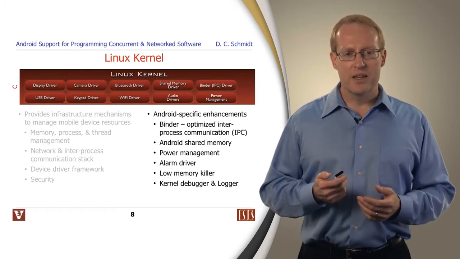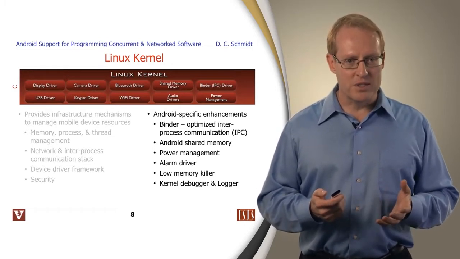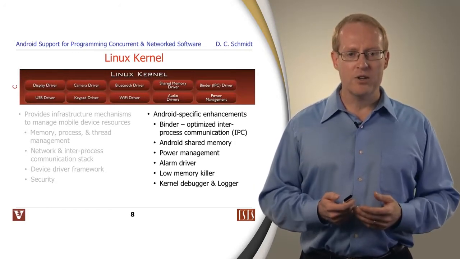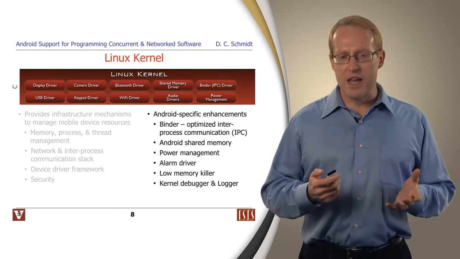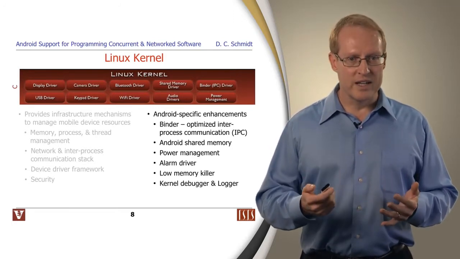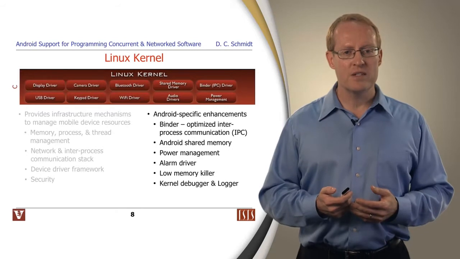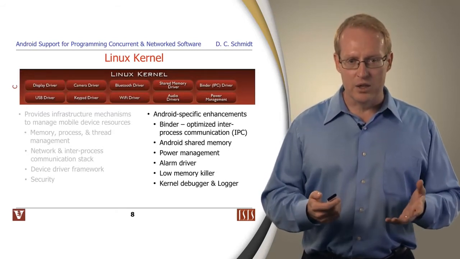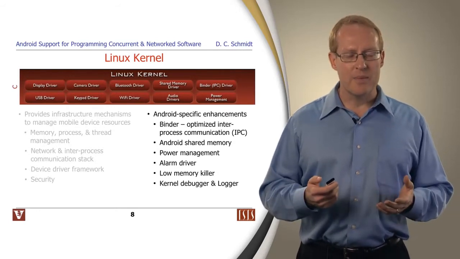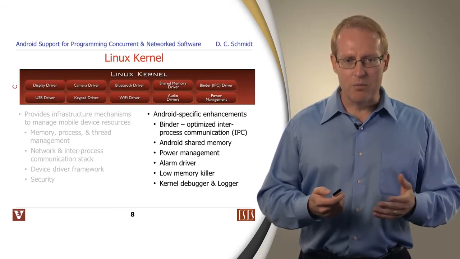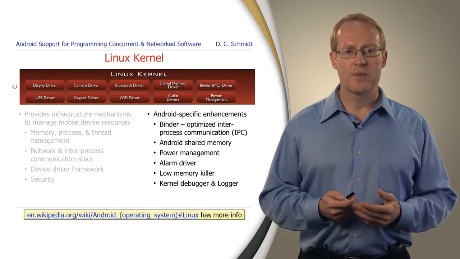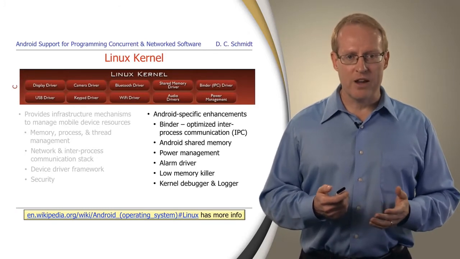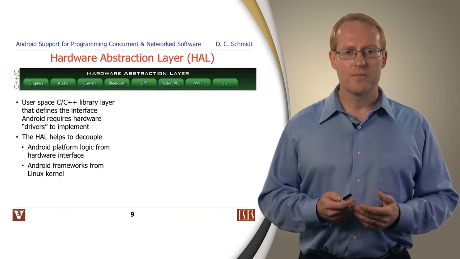And these include the binder high-performance inter-process communication drivers, shared memory, which are used by the binder, among other things, sophisticated power management to try to avoid running down the power battery on the devices, as well as other services that are used to manage life cycles, things like a low memory killer that's used to clean up apps and services when the memory on the phone starts to run low. The URL here gives you more information about the variant of Linux that's used on Android.